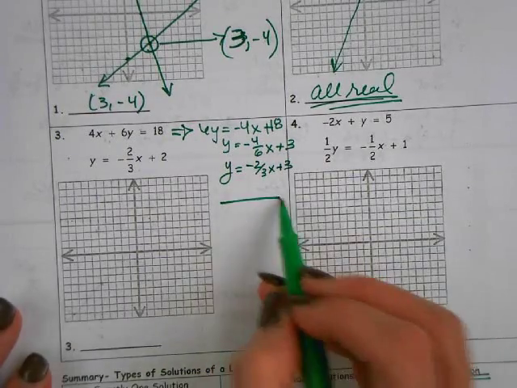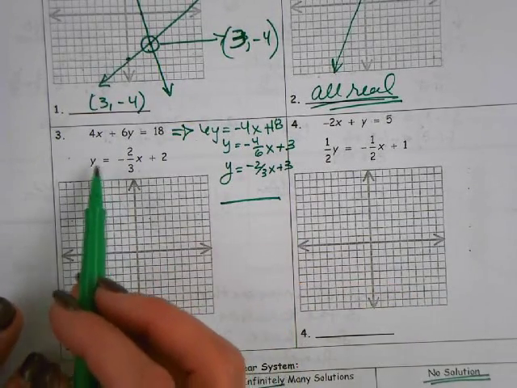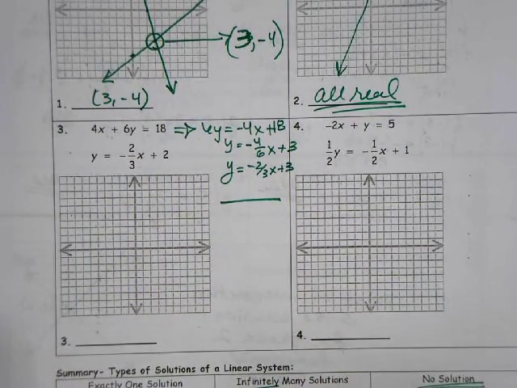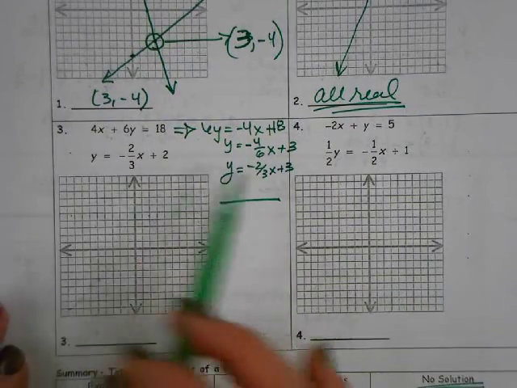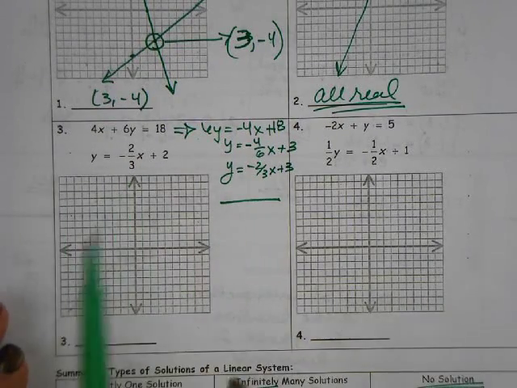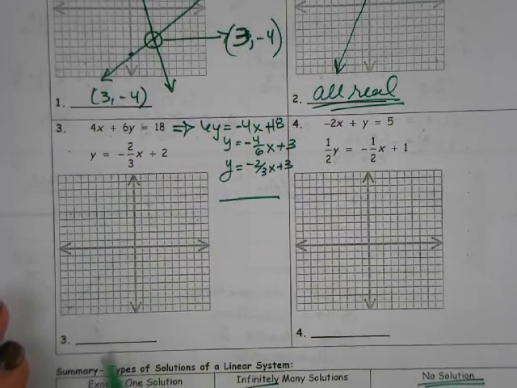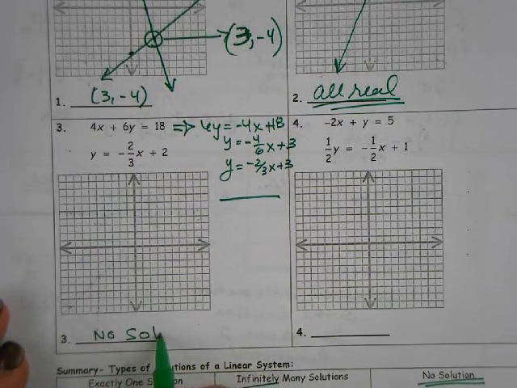And if I do the other line, it says y equals negative 2/3 x plus 2. What do you notice about their slopes? They're the same. So if you have two lines and the slopes are the same, they're parallel, because we know that from last time, right? When they're parallel, do the lines ever intersect? No. So therefore, there's no solution on this one.